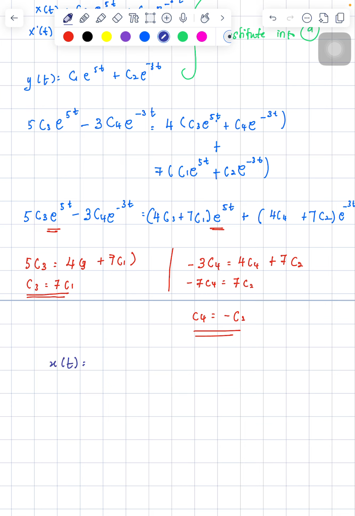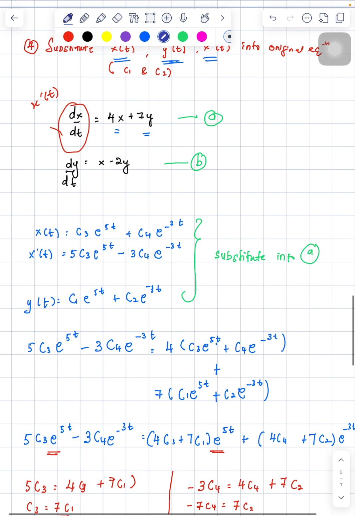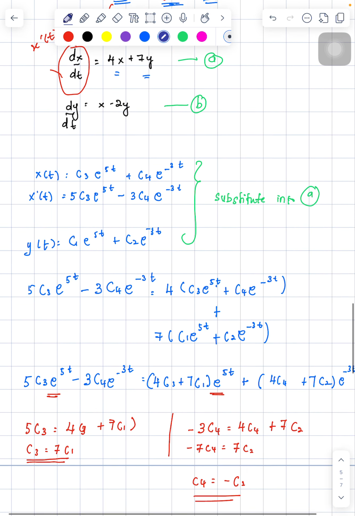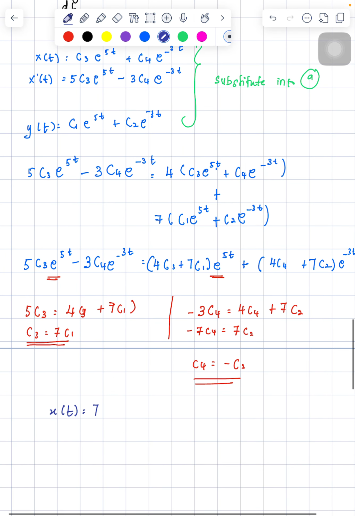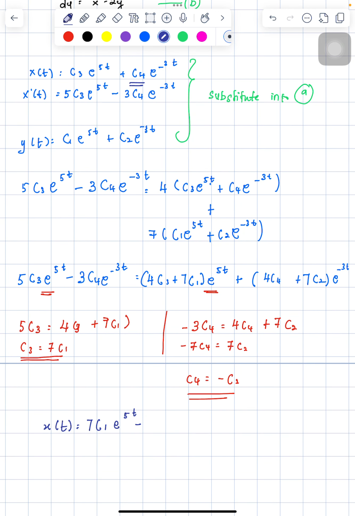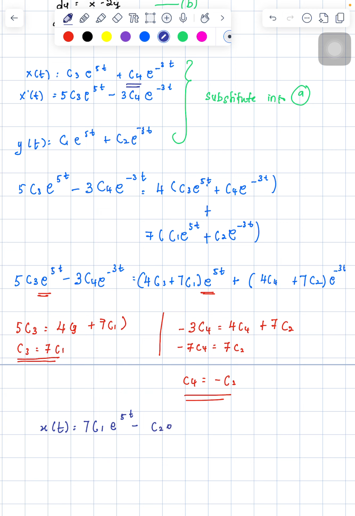So our xt actually is C3 e to the power of 5t, but since we have already C3 equals to 7 C1, so it's become 7 C1 e to the power of 5t minus, since our C4 here, the new one is negative C2, so minus C2 e to the power of negative 3t, and our yt remain the same, C1 e to the power of 5t plus C2 e to the power of negative 3t.